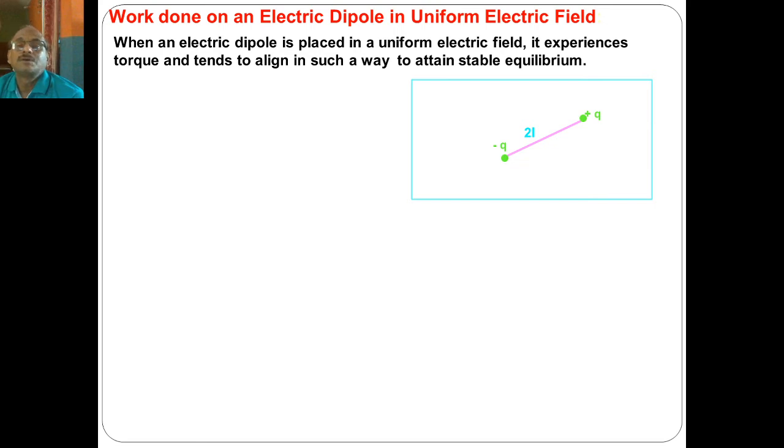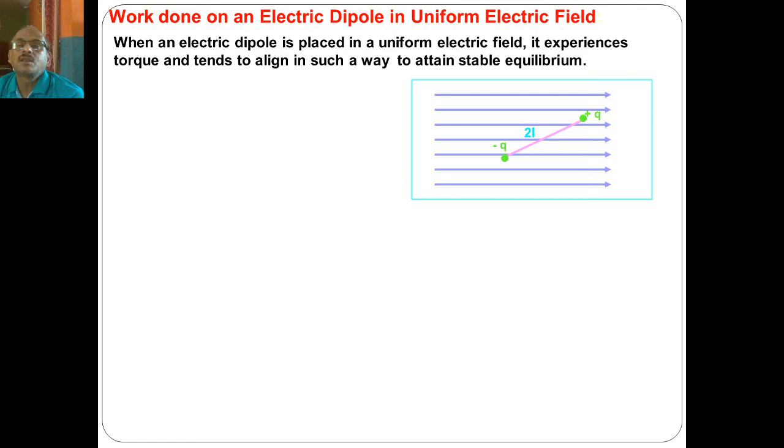Here, consider a dipole of length 2L placed in a uniform external electric field E. So the forces on the positive charge and negative charge will be opposite to each other.